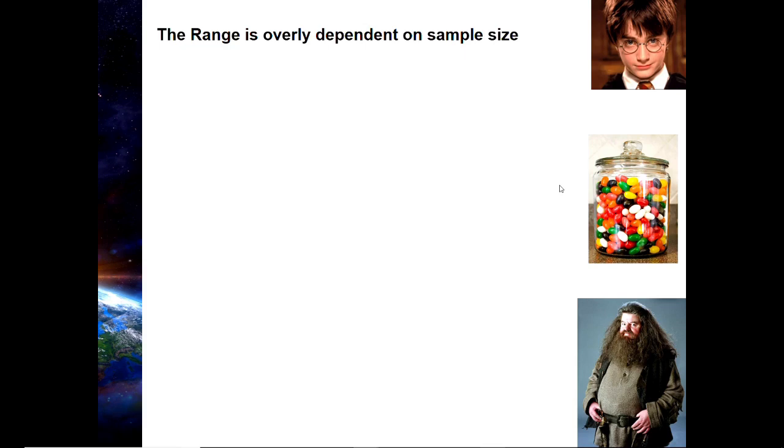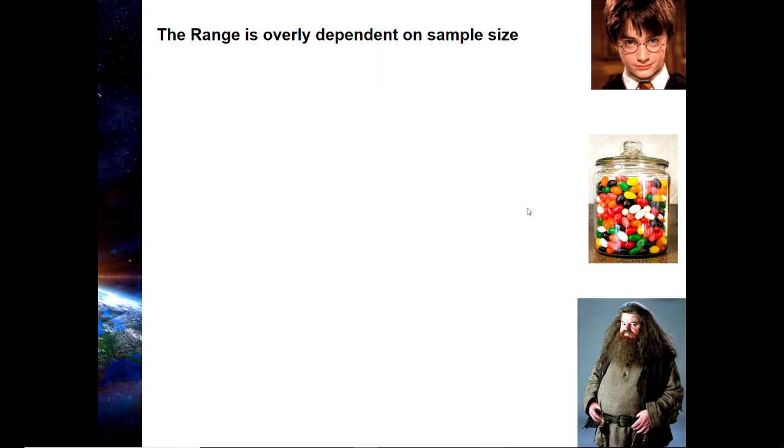Now the question is, would he likely get any outliers, any of the white jelly beans? Well, if you look at the size of Hagrid's hands and the size of the jar, then yes, there's a good chance that even though the white jelly beans are not very common, with such a huge sample size, we would expect him to pull out some white jelly beans.